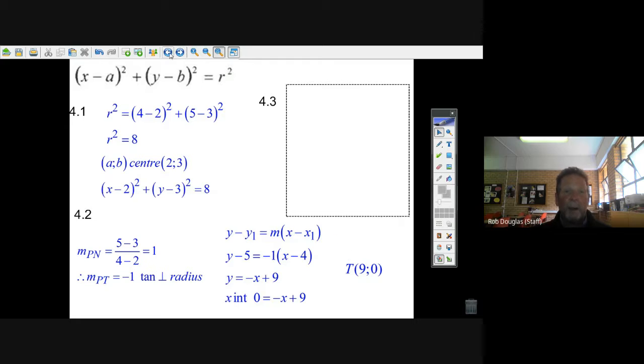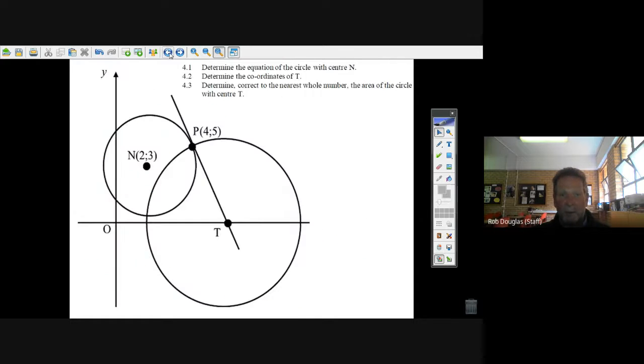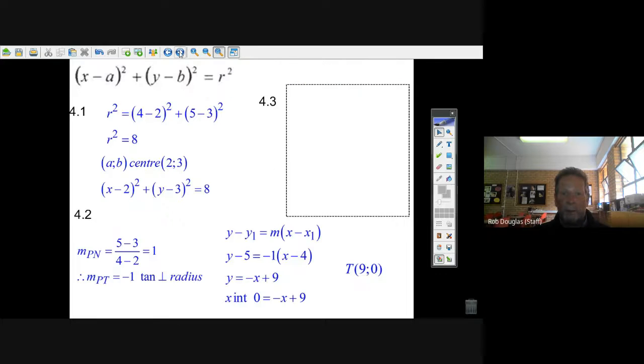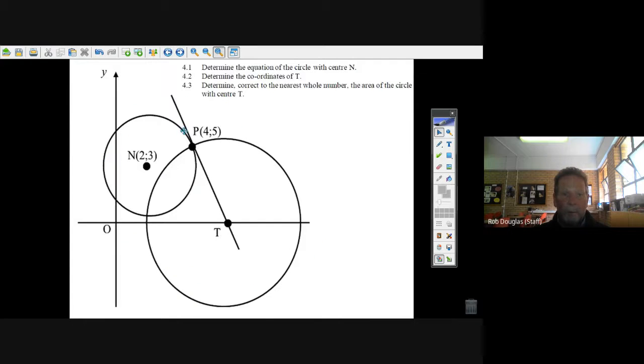Let's take a look at the last question. Correct to the nearest whole number, find the area of the circle. The area of a circle is pi r squared, and all we're missing is r squared. We can figure out r squared now because we know T, which is (9, 0), and P, which is (4, 5).